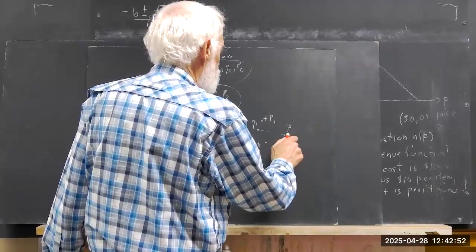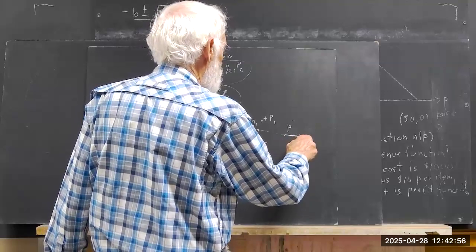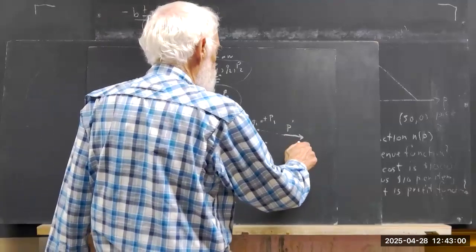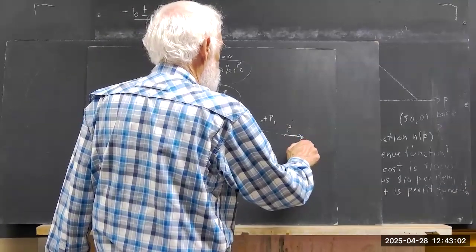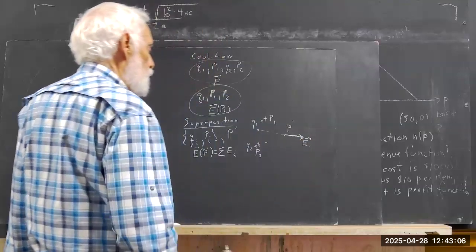Along this line, we get the force that we divide by whatever charge we have here. And this would be E1.